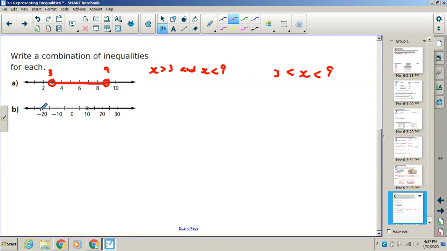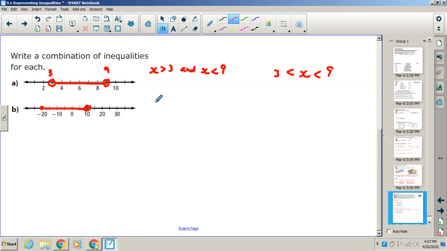Either one's fine. Last one, we've got a closed dot here at -20, and we've got an open dot here at 10. That's supposed to be an open dot, and we've got a line in between. Combination of inequalities. This is x, anything from -20, and this is getting bigger.